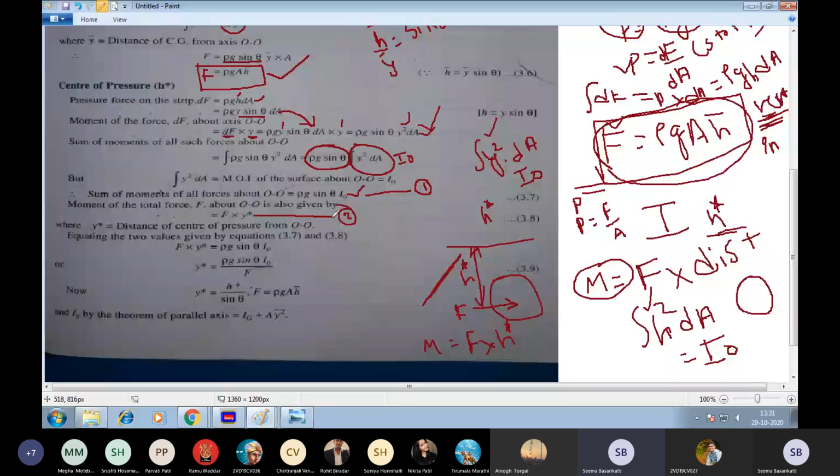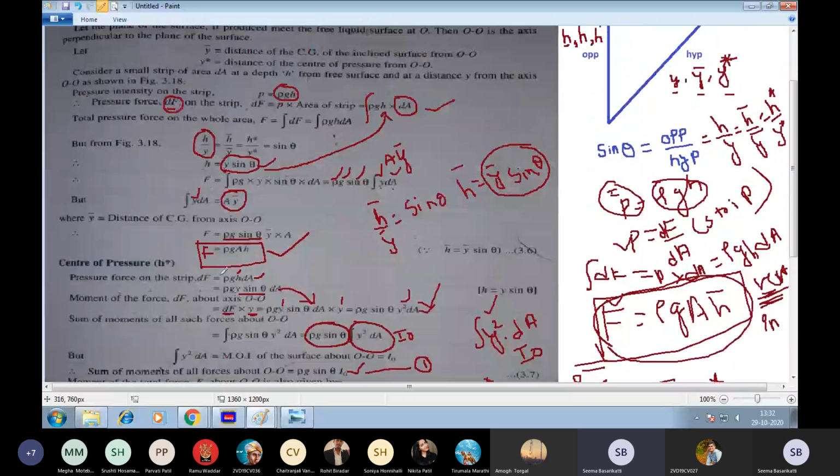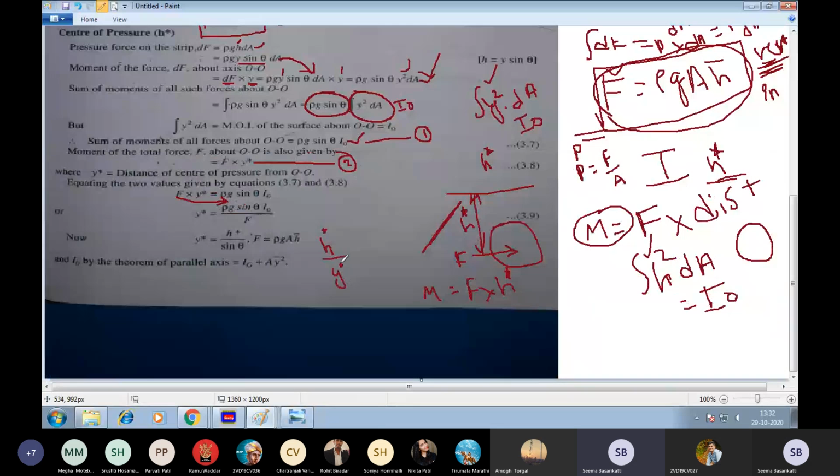Equate equation 1 and 2. From this equation, y star is rho g sine theta into I naught, with F coming to the denominator. So h star by y star is nothing but sine theta. Therefore y star can also be written as h star divided by sine theta.